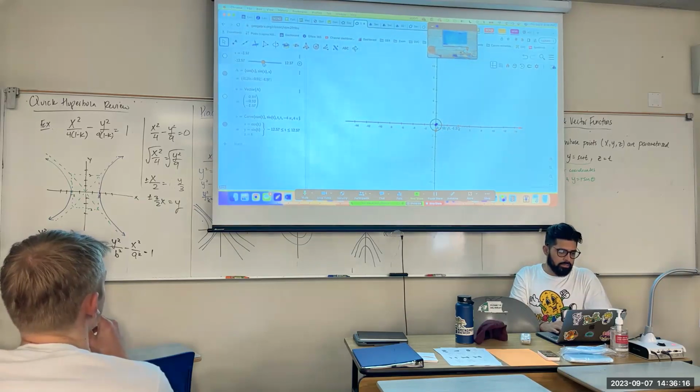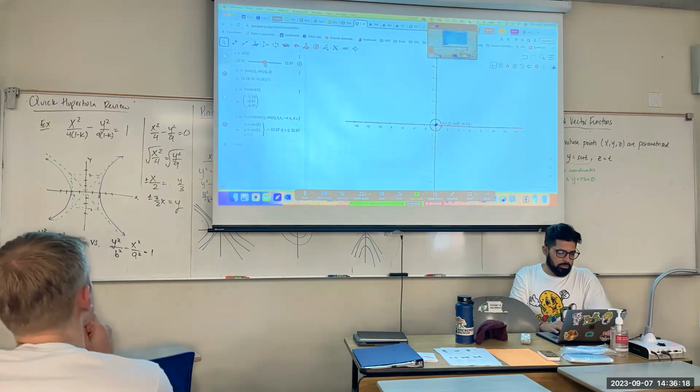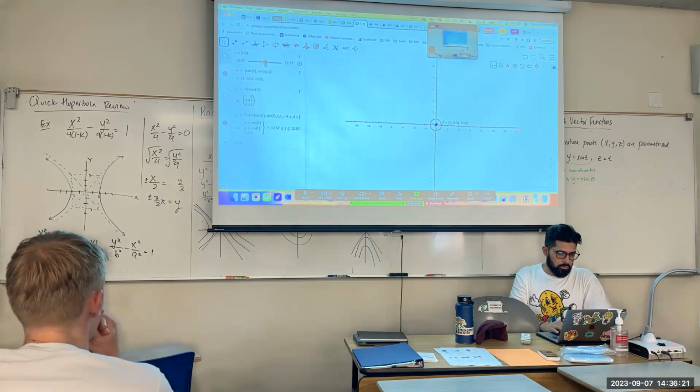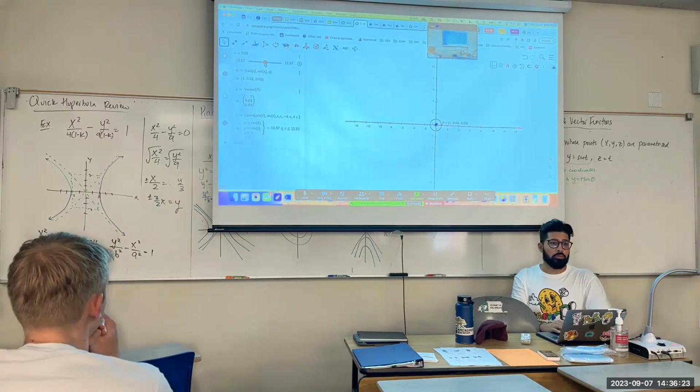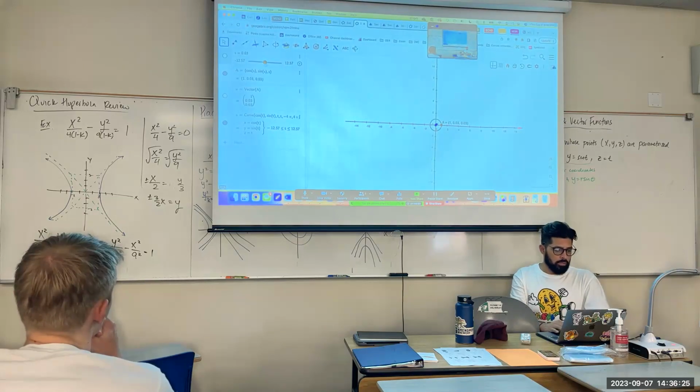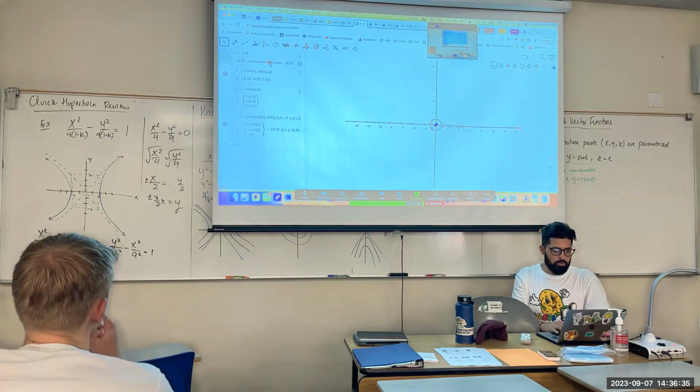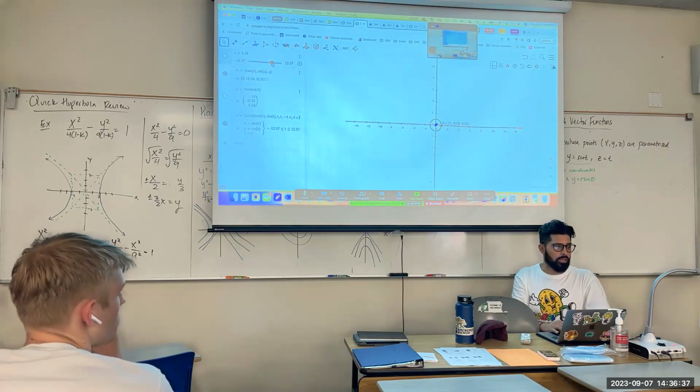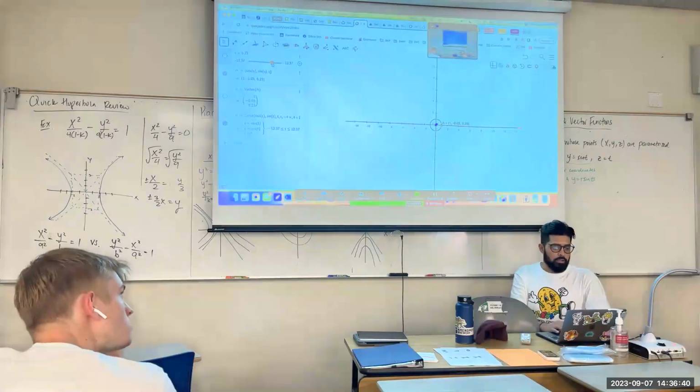Think of s as like the t here, the angle. It starts where x is equal to 1, and as x increases, it goes around the circle in a counterclockwise direction.